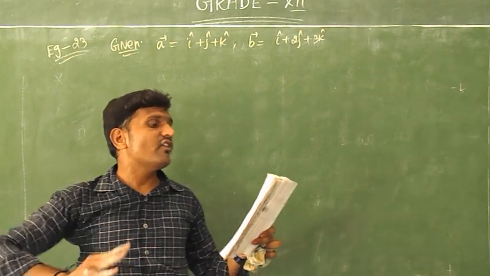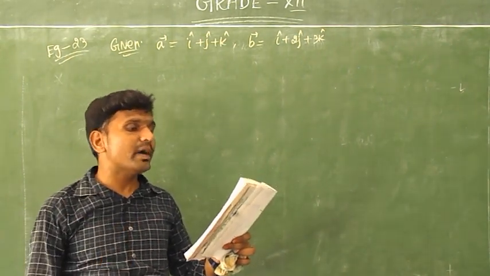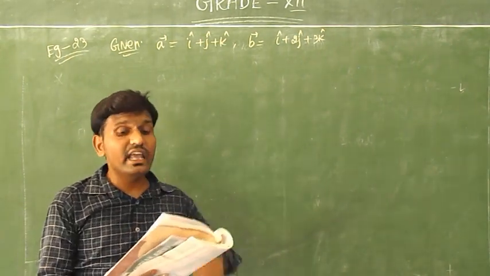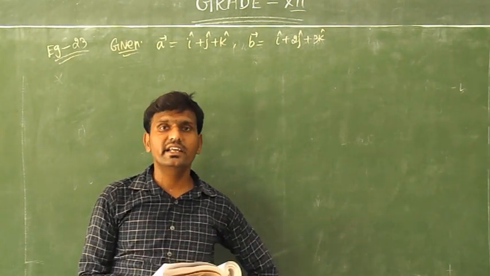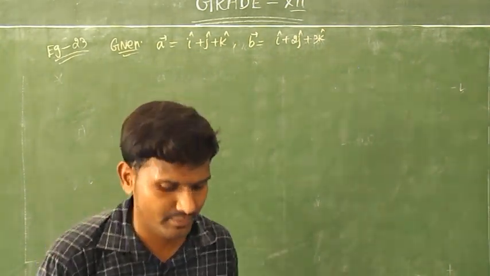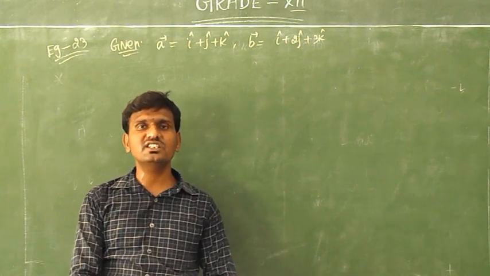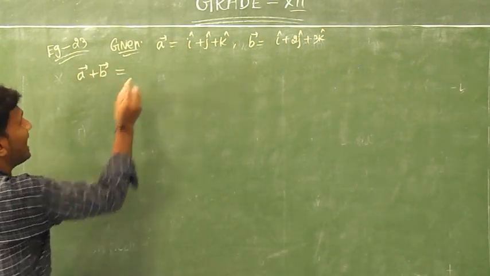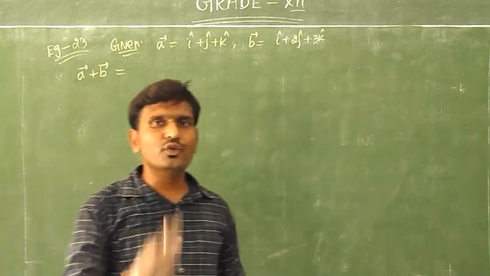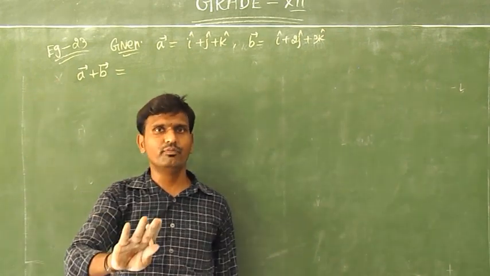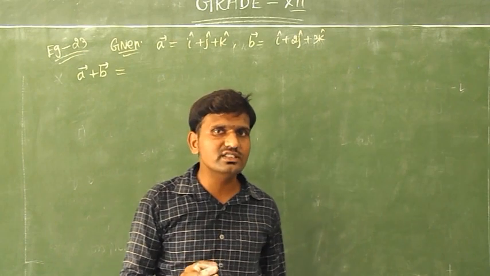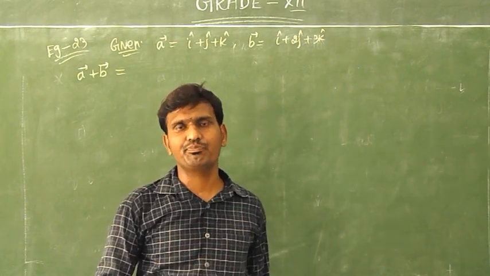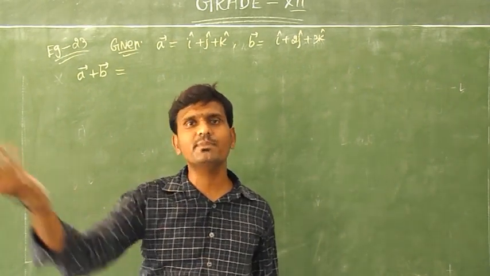The question is to find a unit vector perpendicular to each of the vectors a vector plus b vector and a vector minus b vector. So for that, first we have to find a vector plus b vector, and then a vector minus b vector. Vector addition is very simple. Directly we have to do i vector plus i vector, j vector plus j vector, k vector plus k vector.